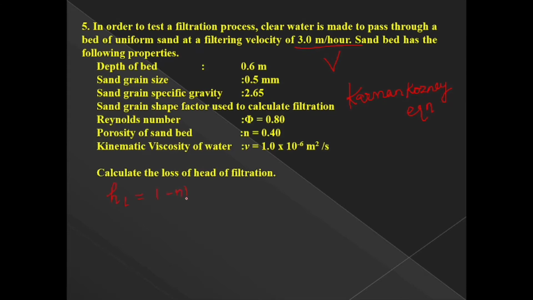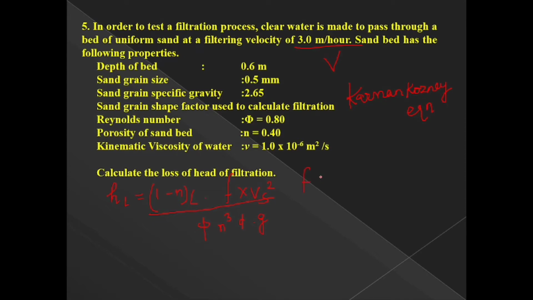h equals (1 minus n) L into f into Vs squared, divided by phi n cubed d g, where Vs is the settling velocity. Now what is the value of f?